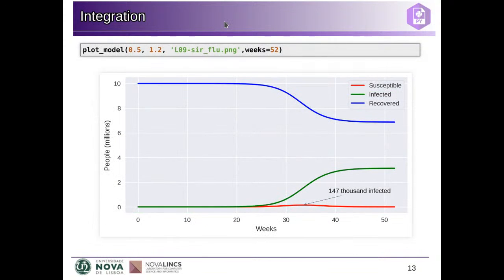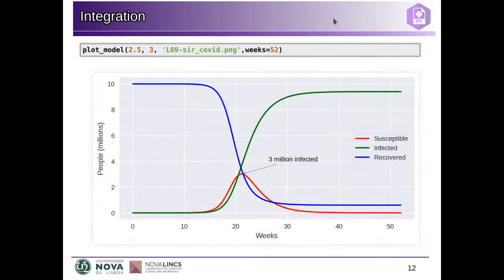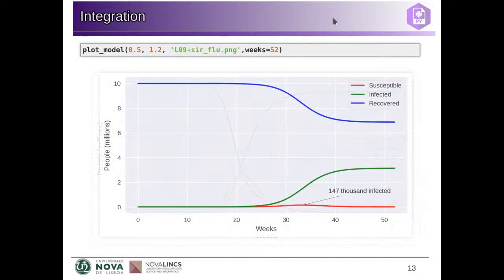These are approximately the parameters of the flu. So we have a lower infectiousness and also more quick recovery, about 3-4 days for recovery. And as you can see, now we have a different progress of the disease, but we have the same plot again, and now the peak is marked this way because we automated all of this, putting the legend, the different colors, pointing at the peak, and so on.